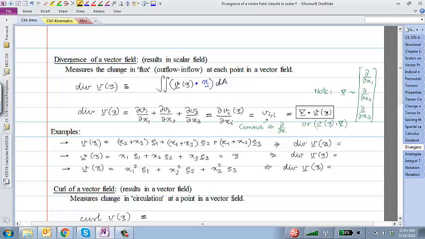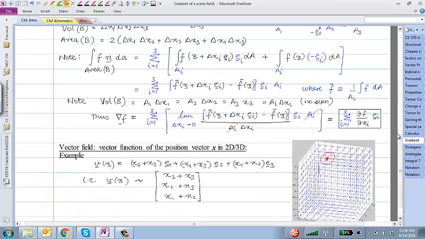So I'll do a double integral purposely there, dA over the surface area of the body, divided by, 1 over volume of the body, and all of that in the limit that volume tends to 0. So volume of body tending to 0.